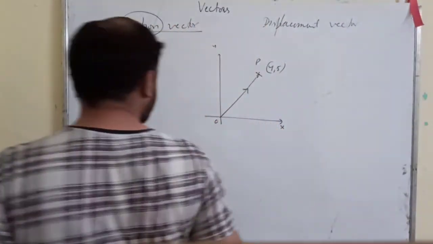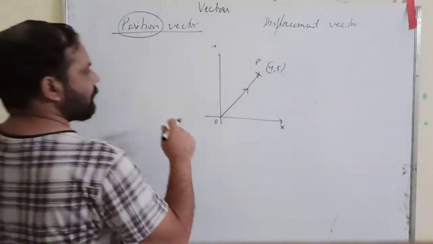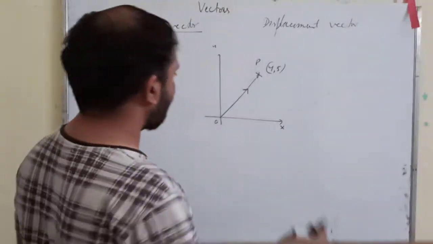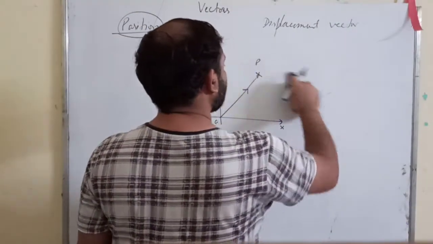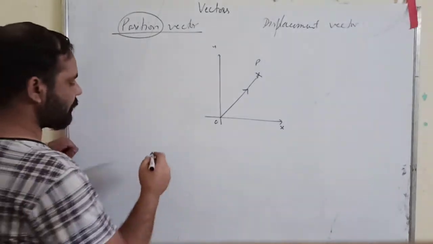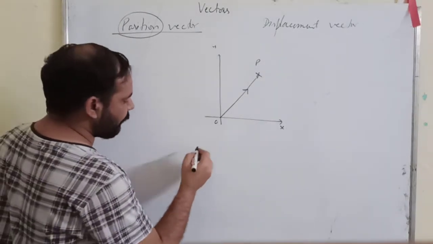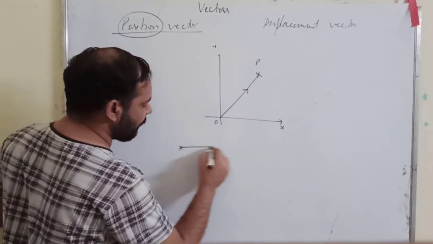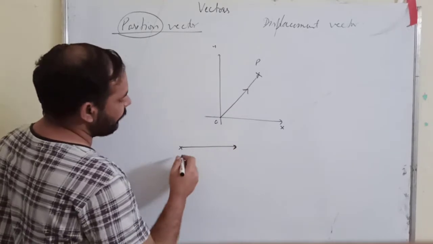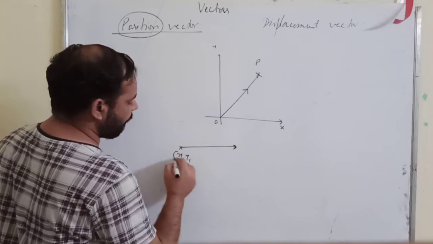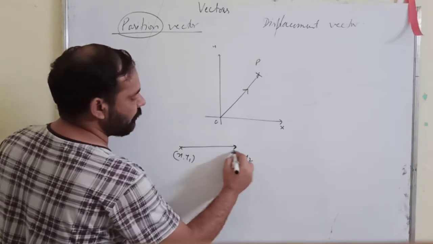Now, how can you find out the position vector? Suppose you have 2 points. Remember one thing. To obtain the expression for a vector, what you need is an initial point and a terminal point. Suppose the initial point is x1, y1 and the terminal point is x2, y2.